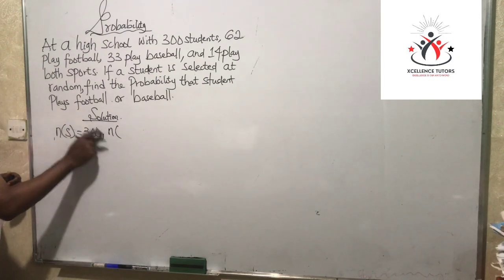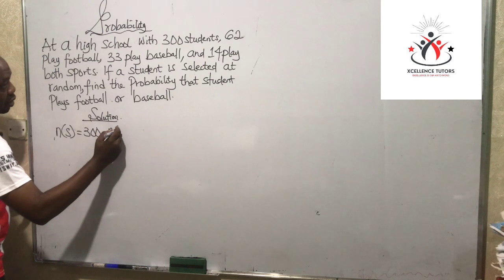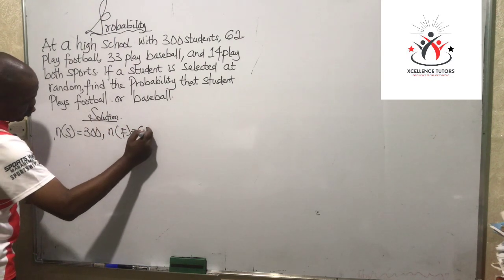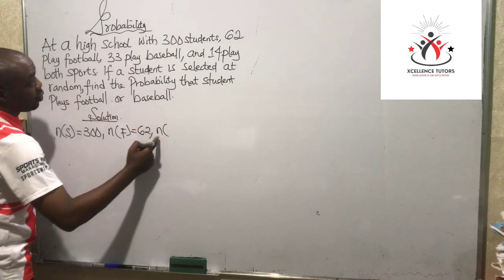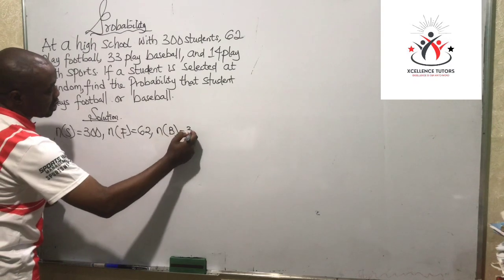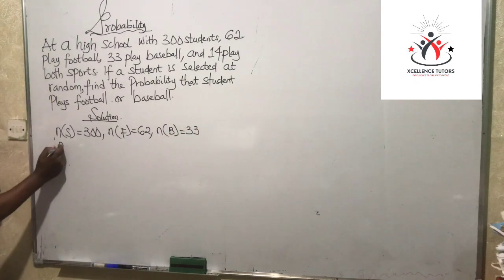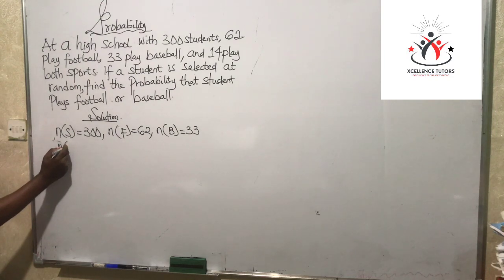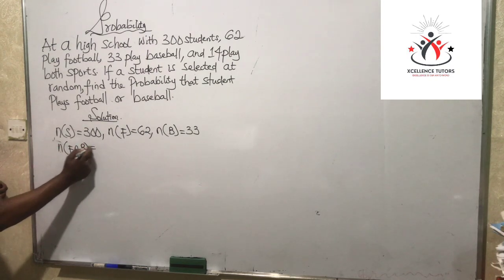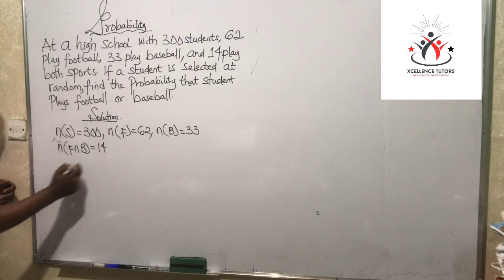The number of students who play football, F, is 62. The number of students who play baseball, B, is 33. And the number of students who play both sports, football intersection baseball, is 14.